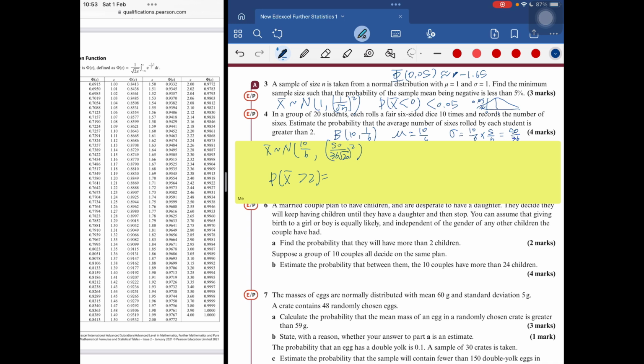So let's use the normal CDF. Sorry, not binomial CDF, normal CDF. Lower bound 2, upper bound 9999, mu 10 over 6, and standard deviation 50 over 36 over square root 20.